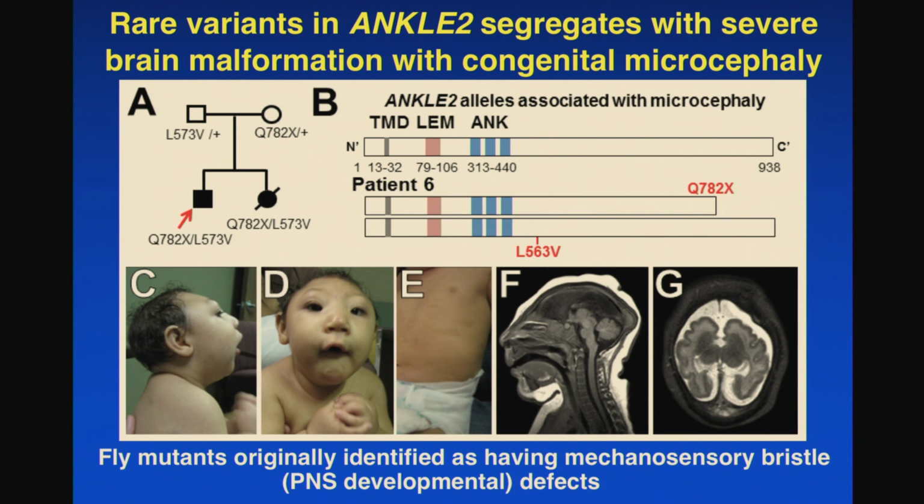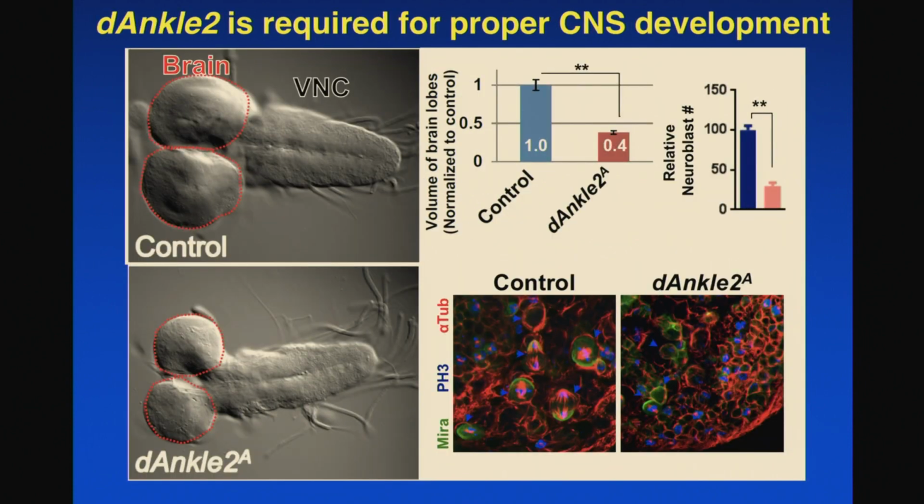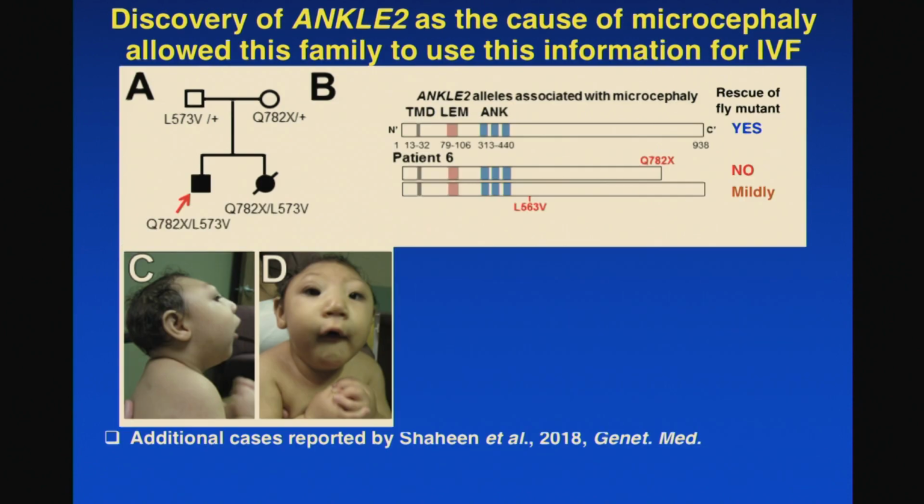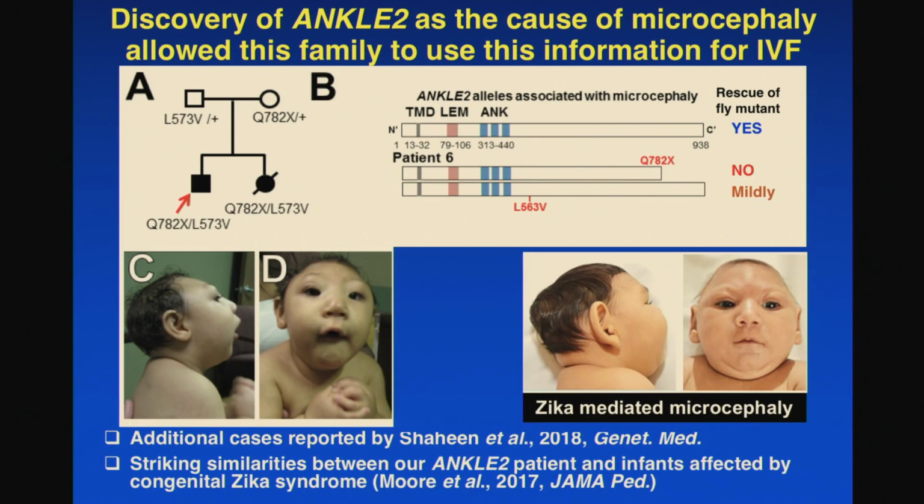And as I said, this mutation was first identified by a bristle phenotype, and when we saw that this kid had a microcephaly, we looked at the fruit flies and noted that the fruit flies also had a microcephaly and that they had small brains. And these flies have a pretty dramatic loss of neuroblasts. And when we analyzed these, we were struck by the fact that these kids look very similar to Zika patients.